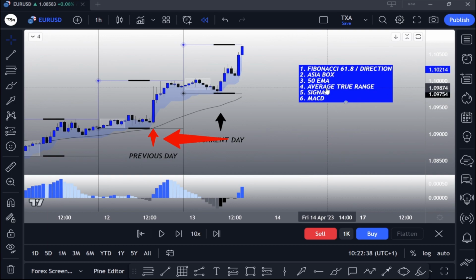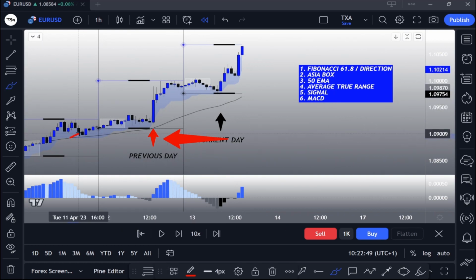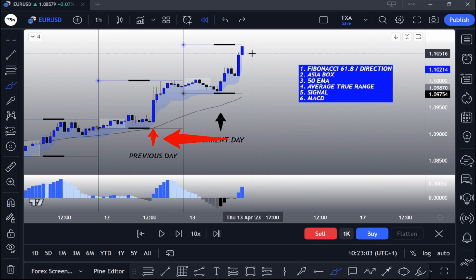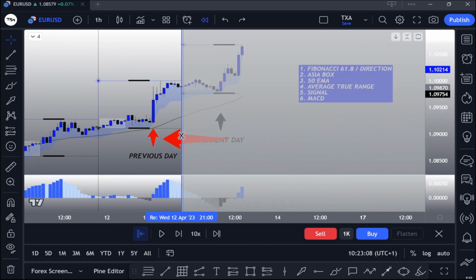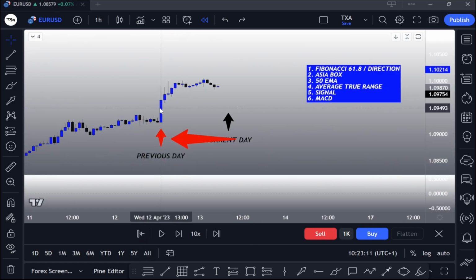Now, average true range, which is super trend. As you can see, everything is blue. This whole blue section is simply an area of the average true range, showing that the average momentum is still very bullish. So let's see how it went during the London session.